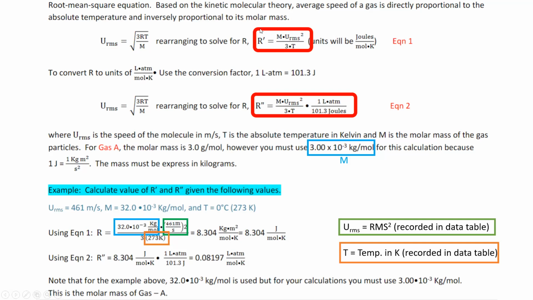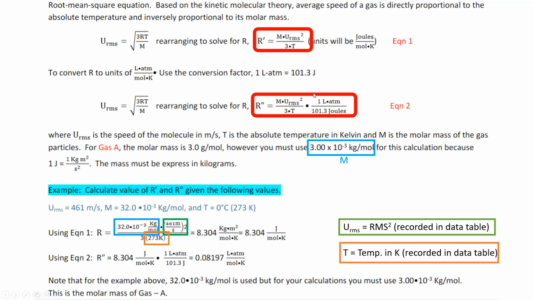They've called it R prime because we are going to be looking at R using 2 different sets of units. R prime will be in joules divided by moles times Kelvin, and R double prime will be in units of liters times atmospheres over moles times Kelvin.